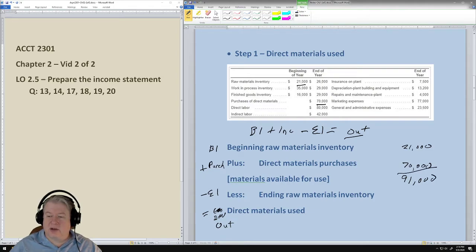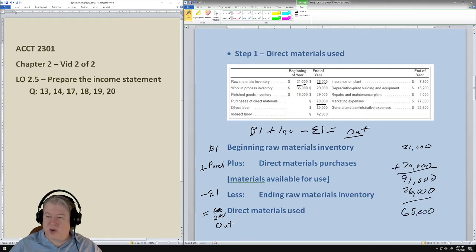So these two added up equals the materials available for use, and then we subtract out the ending raw materials inventory. So minus 26,000. And that's going to give us 65,000.